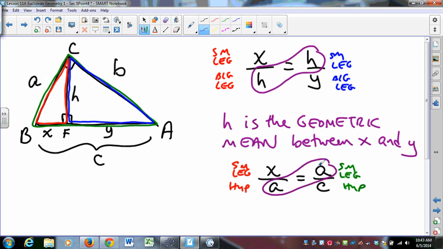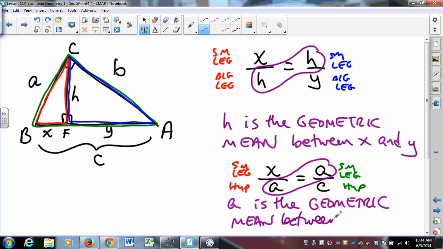Again, we have this funny phenomenon taking place, which means that A is the geometric mean between X and C, which roughly translated into English means that each leg of the original right triangle is the geometric mean between the whole hypotenuse and the projection of the leg onto the hypotenuse.